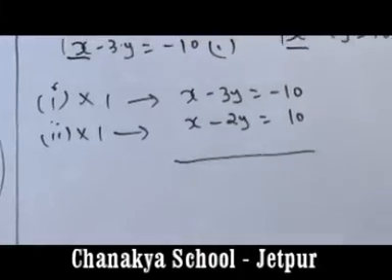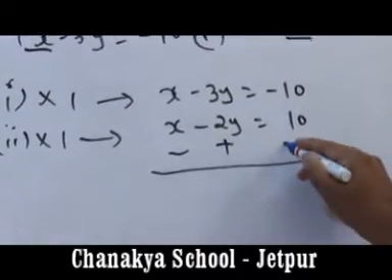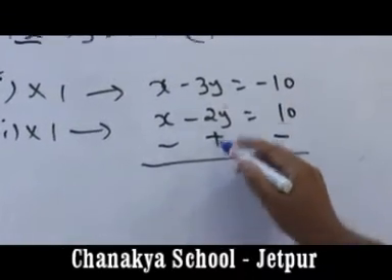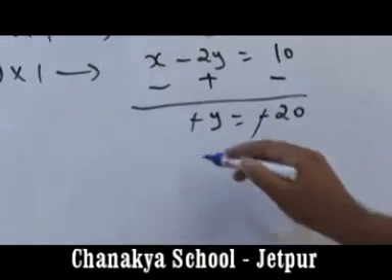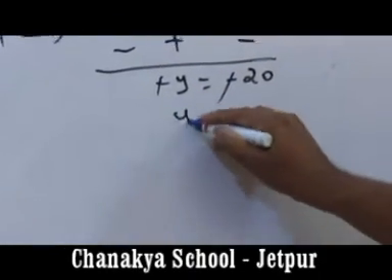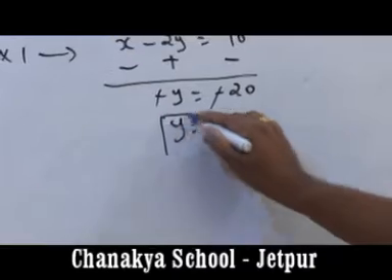Okay students, now changing sign, minus plus minus. Here minus y equal to minus 20. Eliminating negative on both sides gives y equal to 20.